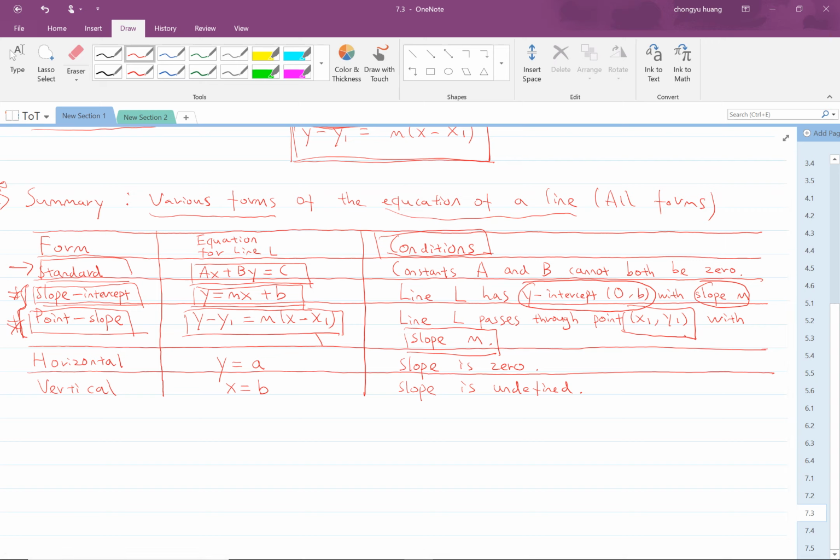As I said, the slope intercept form and point slope form are really important.